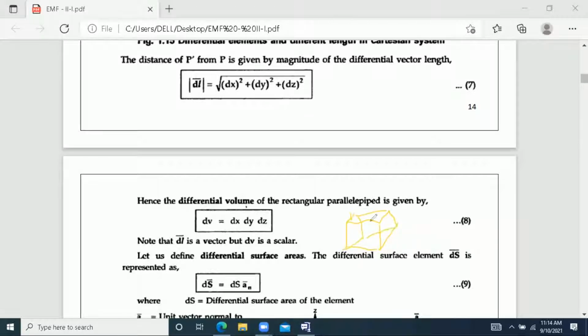The volume of this cube would be your x times your y times your z.